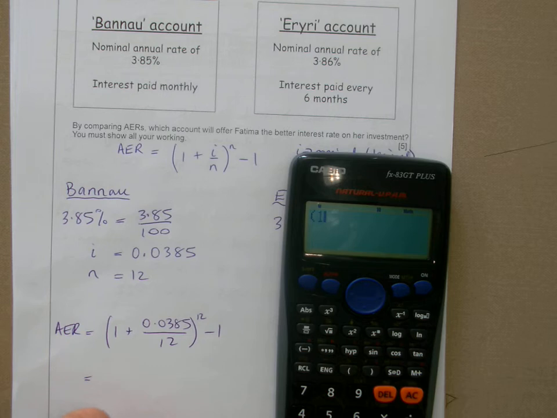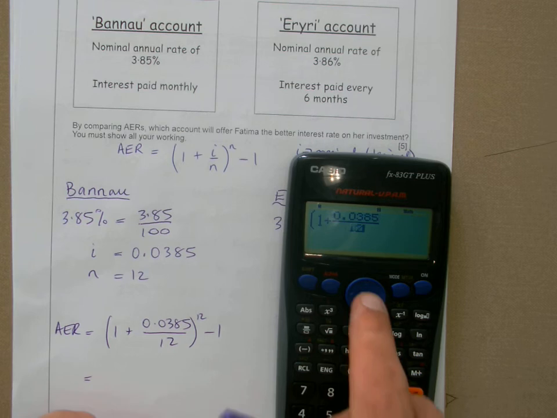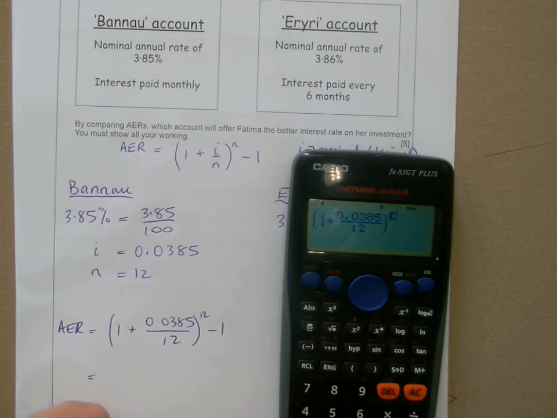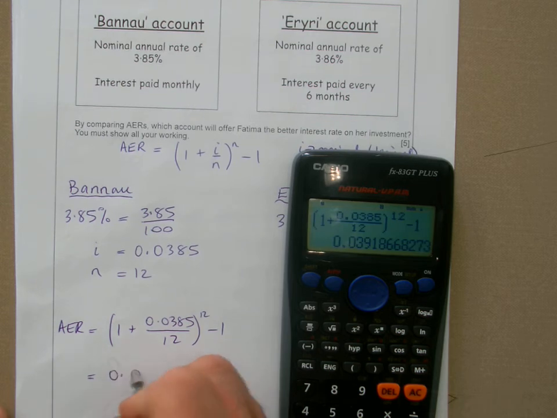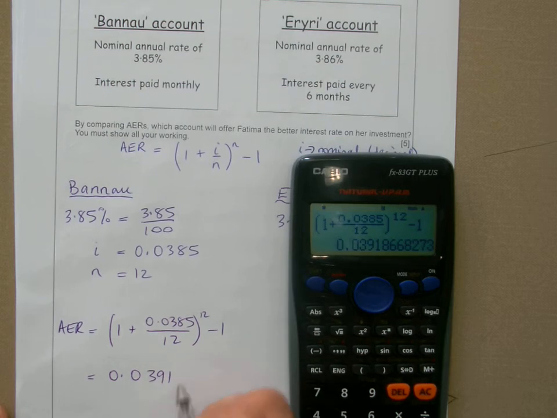So 1 plus the fraction 0.0385 over 12, close the bracket, to the power 12, take away 1. So I get out 0.03918. We'll just write a few decimals down, it's worth doing that.